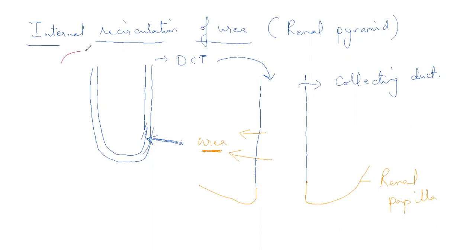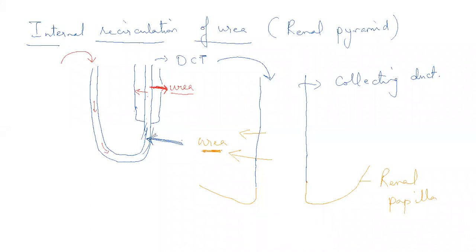More amount of urea would have entered into this. Some amount of urea exits the ascending limb, the thick segment of the ascending limb, right?